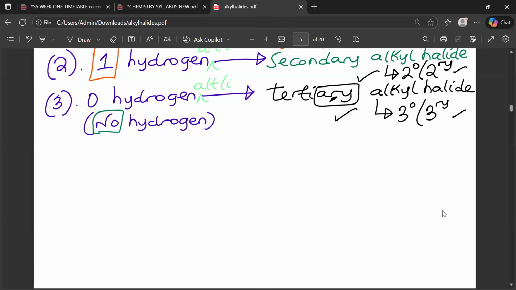If it is on the first carbon, that's primary. Then for the tertiary, what we knew is a carbon without any hydrogen, that's tertiary. So I need you to help me rectify that. It is the same thing, by the way. It's the same thing, but I know what people want, and I'm going to rectify it.